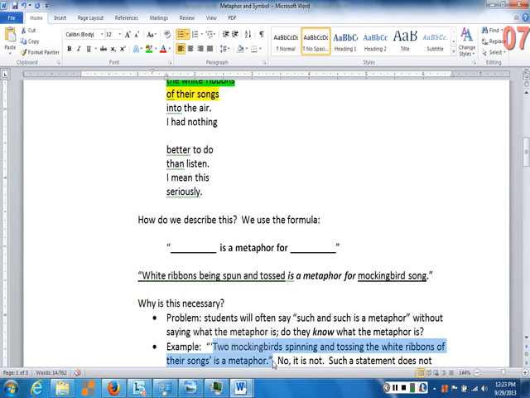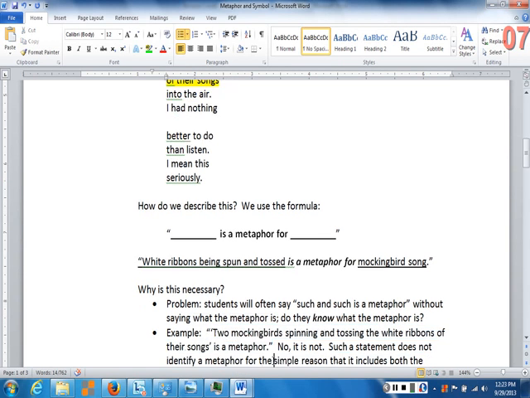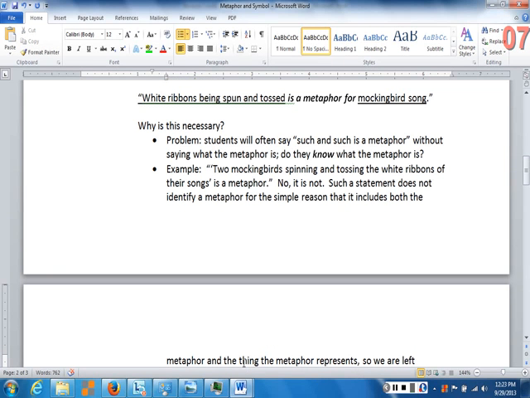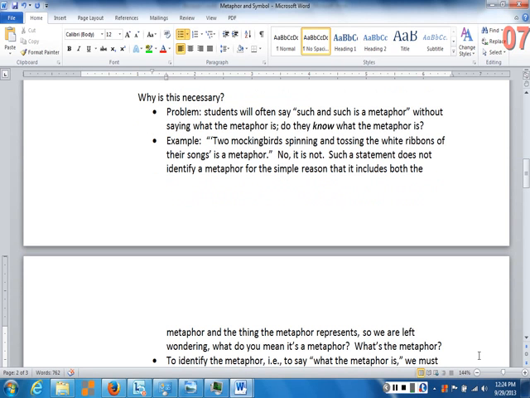That whole statement by itself does quote a line from the poem in which there is a metaphor, but that statement by itself does not identify the metaphor, okay? It does not identify the metaphor for the simple reason that it includes both the metaphor and the thing that the metaphor represents. Okay?